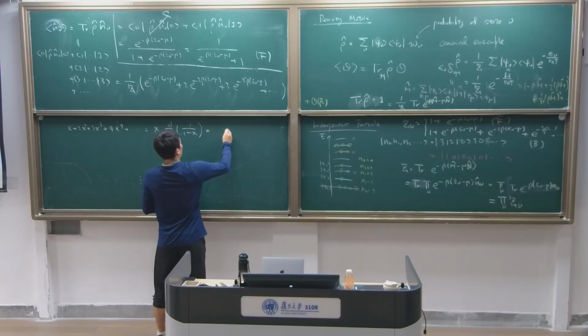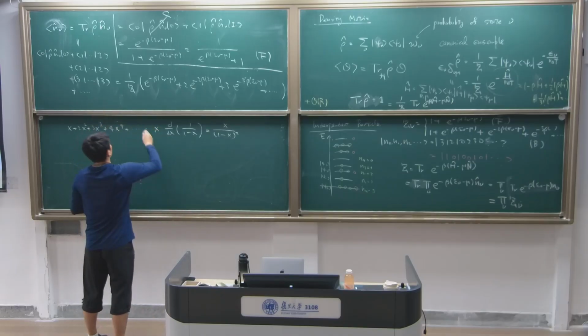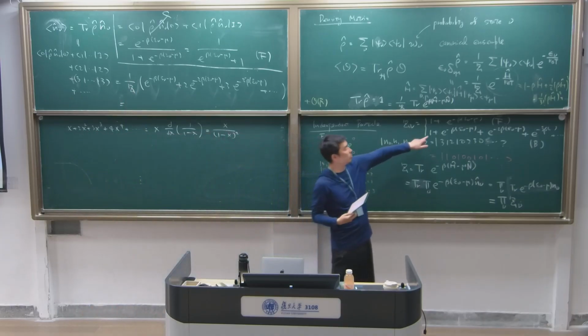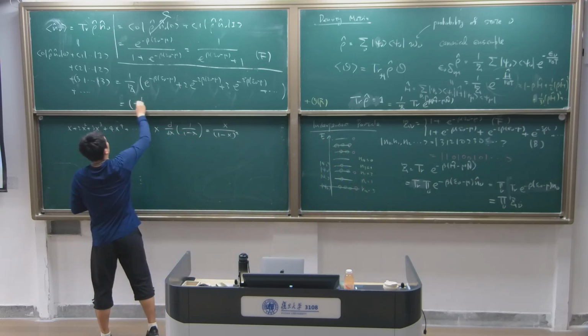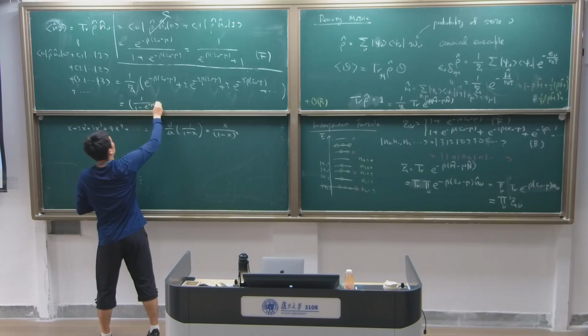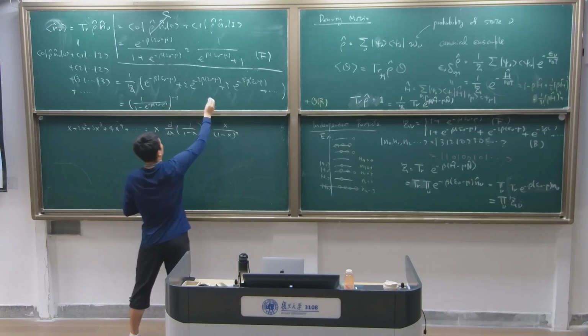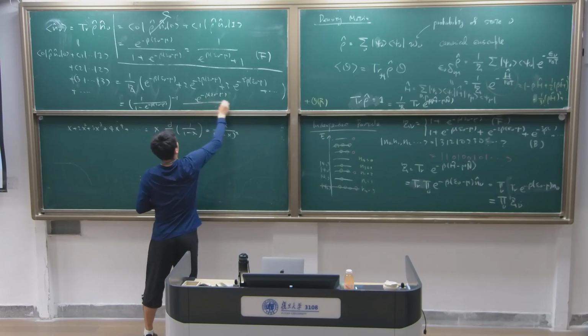So x is e to the minus beta, blah, blah, blah. So this means that this is equal to 1 over z times 1 over 1 minus z. And here you have e to the minus beta, mu minus mu, divided by 1 minus e to the minus beta, mu minus mu.